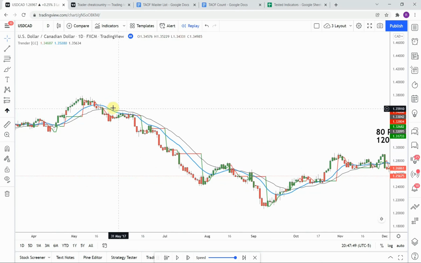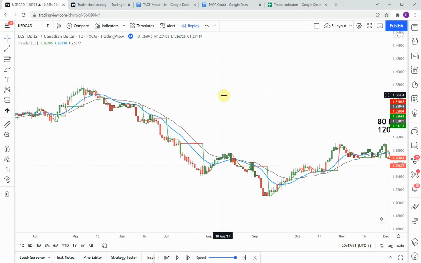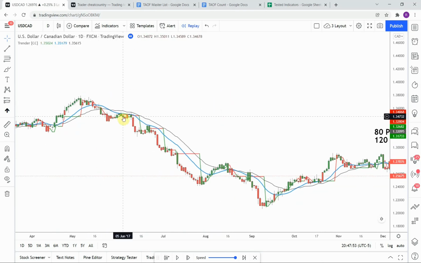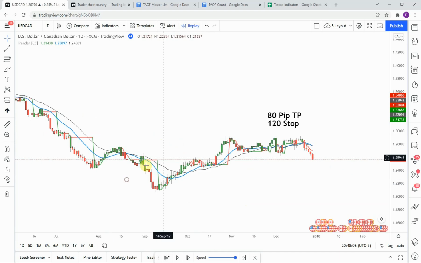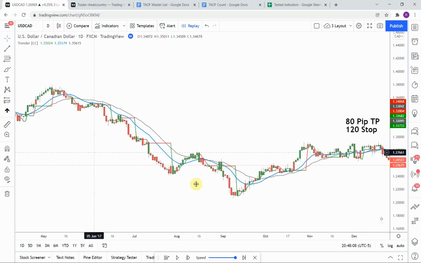Once we have determined the overall trend that we are in, then we are looking for our entries on kind of a shorter trend. And then we look for this line right here that is kind of trailing along, going from red to green, kind of squared off edges.